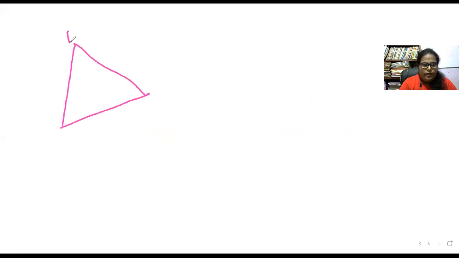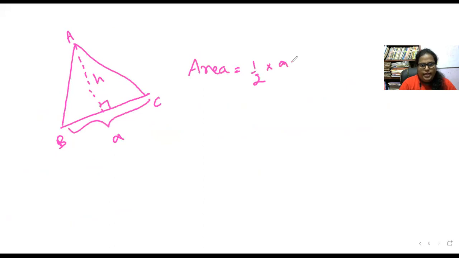If you have a triangle ABC like this, you can get the area of this triangle by using half A H. This is the very normal equation that you have learned from your O/L times also.